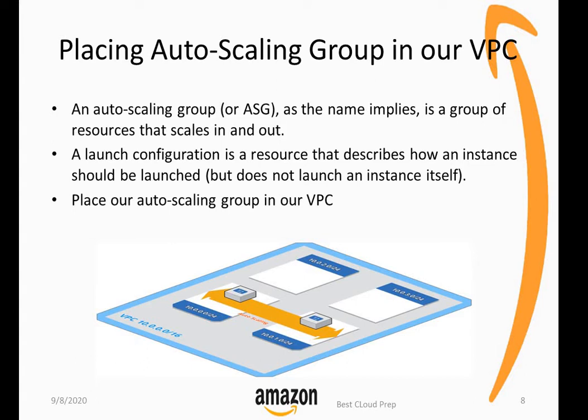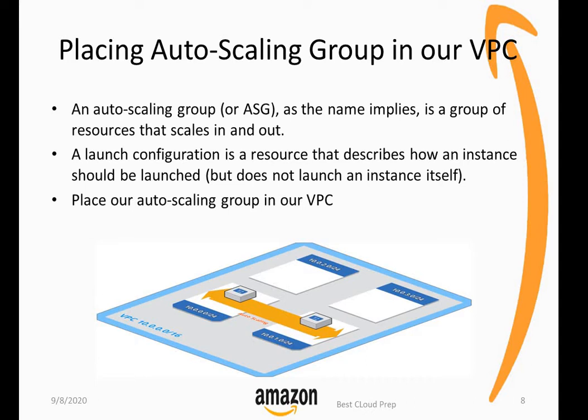A launch configuration is a resource that describes how an instance should be launched, but does not launch an instance itself. So a launch configuration is a set that describes how an instance should be launched. Just remember that it is like a package.